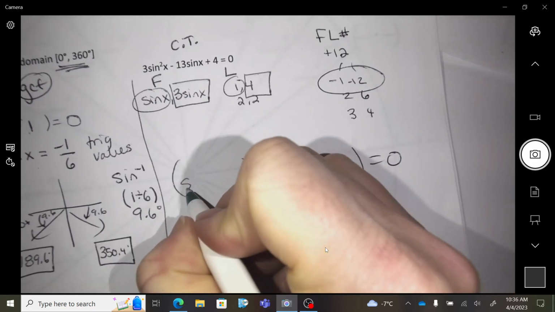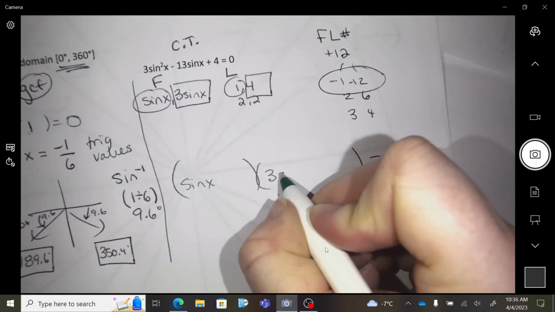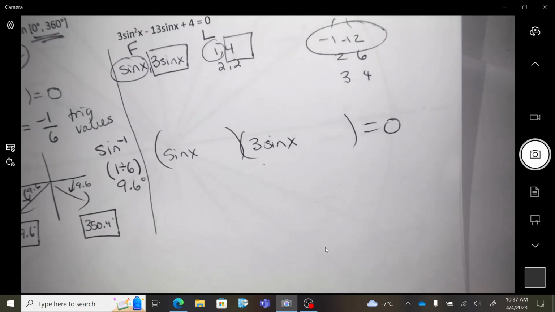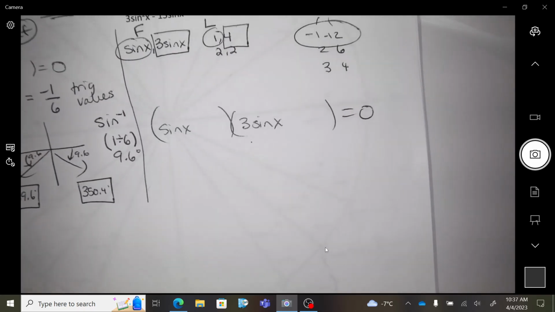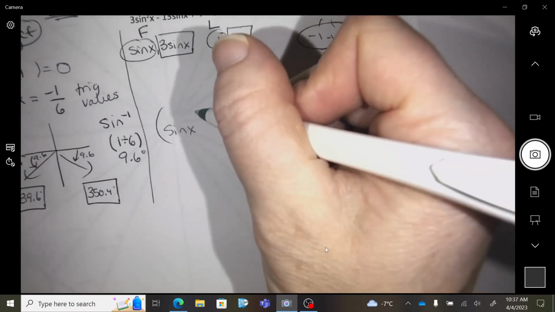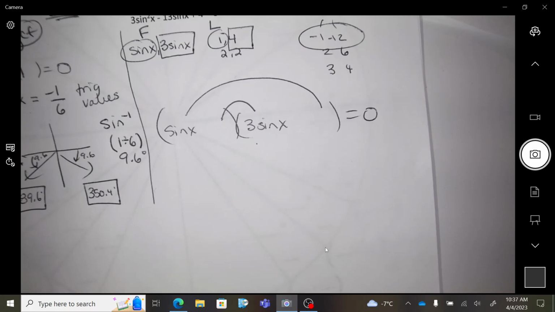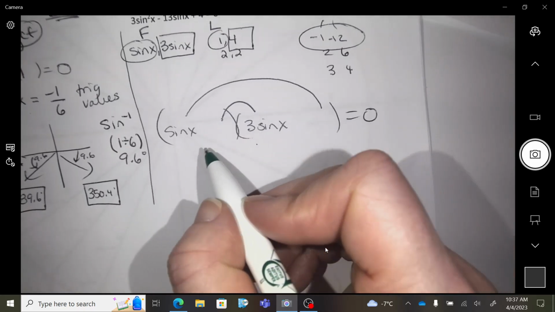So the first times the first. Make yourself an outside and an inside rainbow on the foil. And then line up your partners.